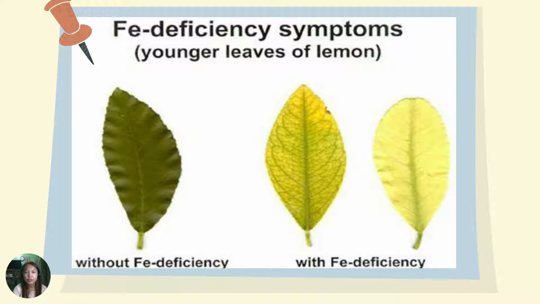Okay, so if there is too much yellowing of the plant, meaning to say it has too much iron present in it. And then if it is somewhat dark green in color, meaning to say it also doesn't have iron deficiency.